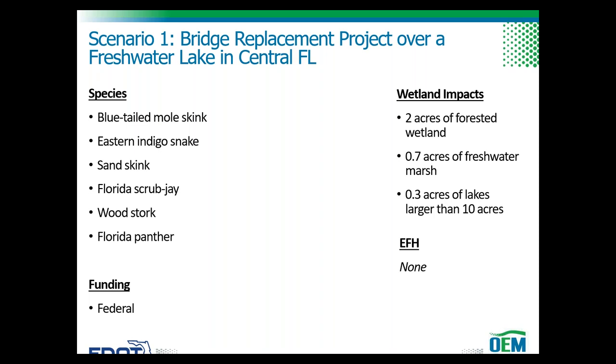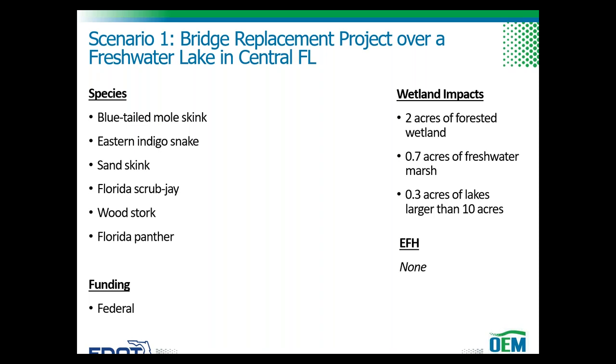The project, which is federally funded, is proposing an in-kind replacement for a structurally deficient bridge. The project area occurs within a floodplain forest. Through database searches, we have determined that the following species may occur in the area: blue-tailed mole skink, eastern indigo snake, sand skink, Florida scrub jay, wood stork, and Florida panther.